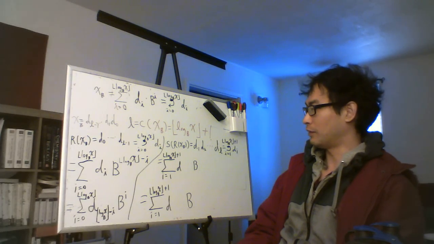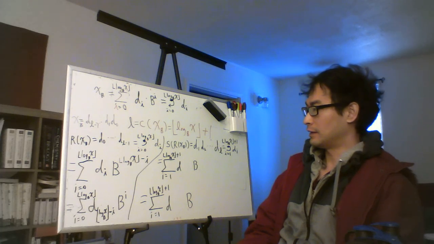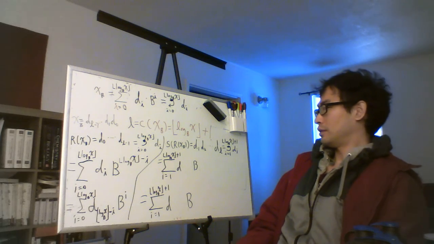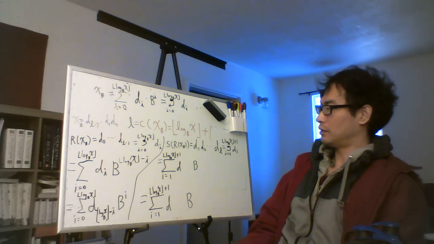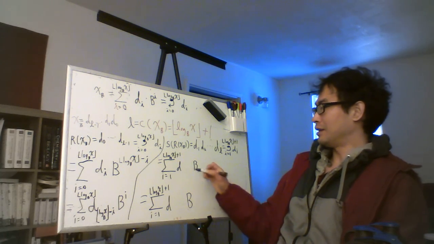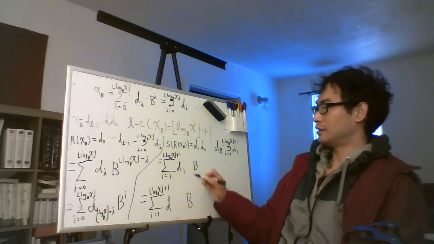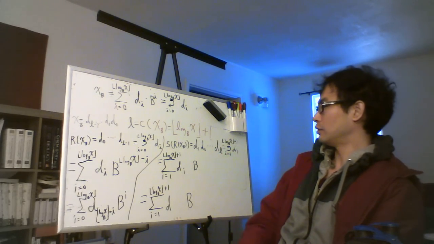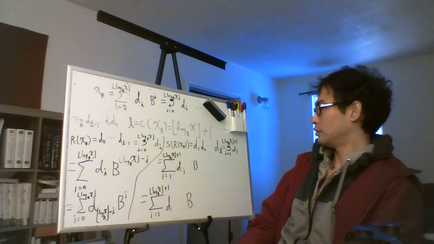Okay, let's go ahead and do this. It should be very difficult, right? My guess is it should be D_i, right? So i is one, two, three, four.